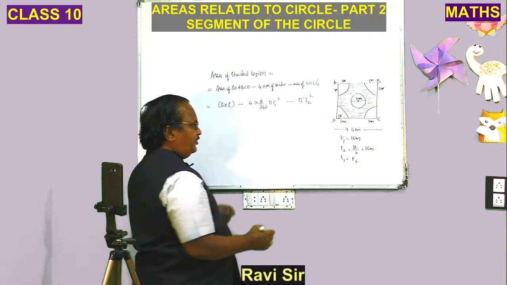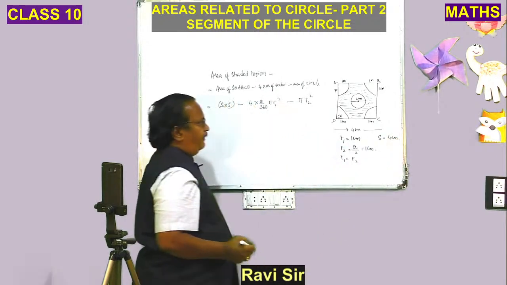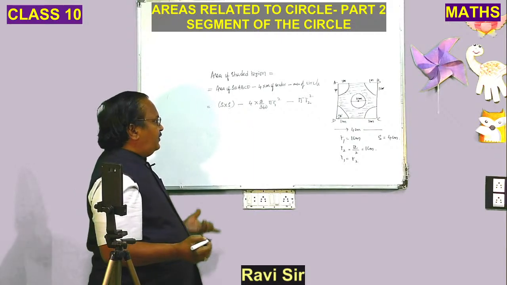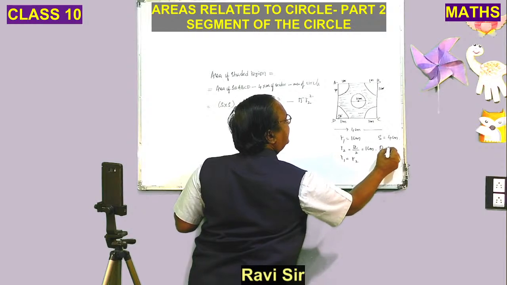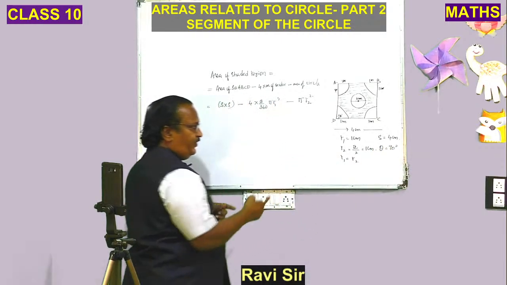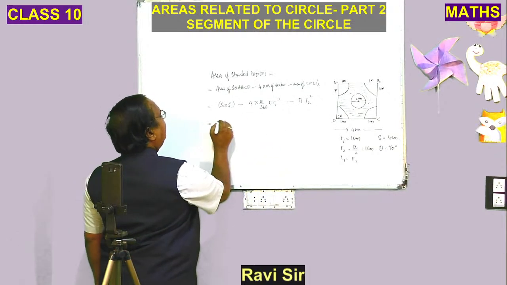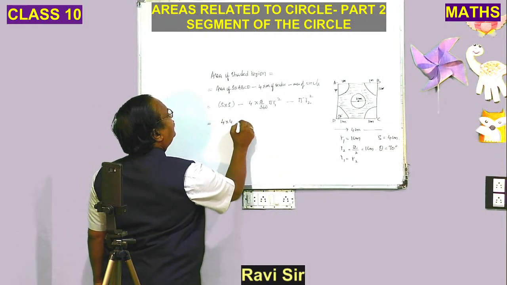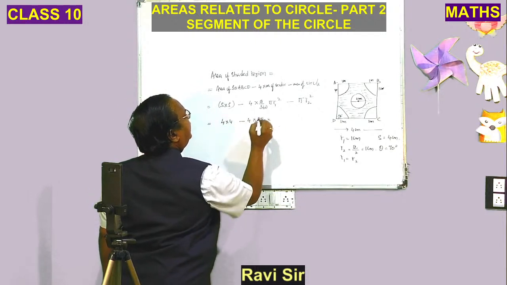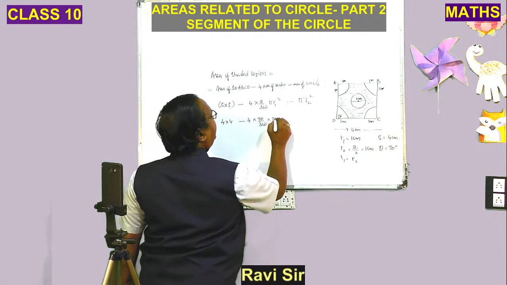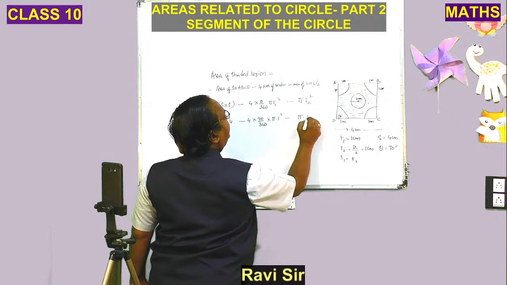Okay. So, now S is equal to how much? S is equal to 4 centimeters. Our theta also we need, theta is equal to 90 degrees. So, we have the entire information, you have to execute in this question. So, 4 into 4 minus 4 into 90 by 360 into pi into 1 square, minus pi into 1 square.